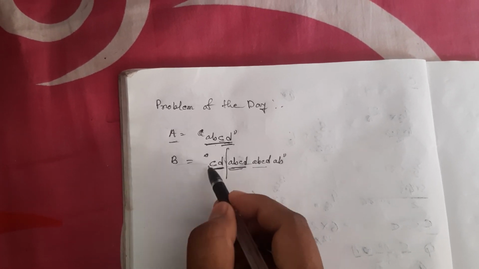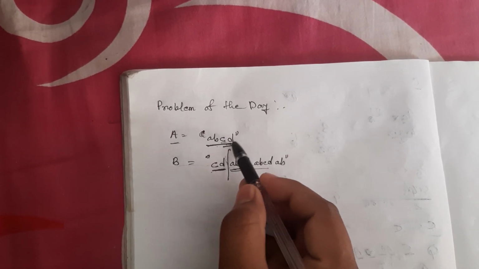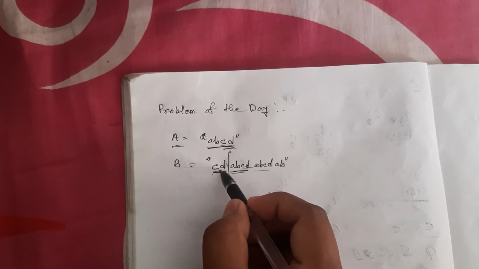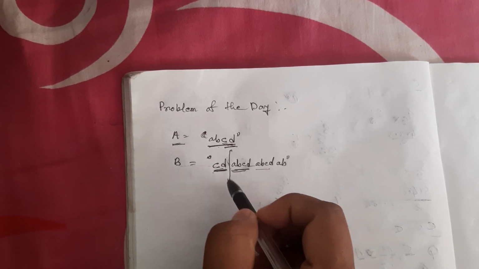If the back string is equal to the last few characters of A, then this portion is equal to this portion, so we can consider that it could be possible.